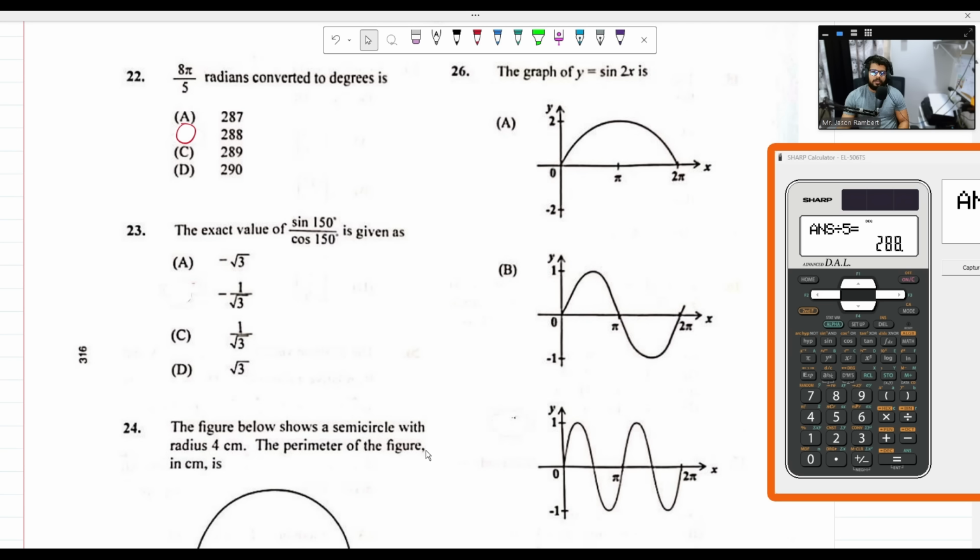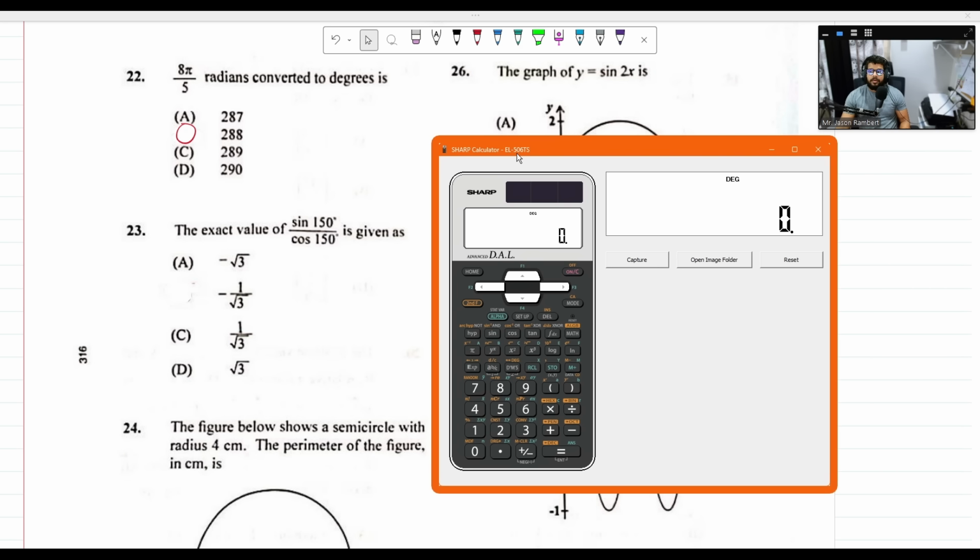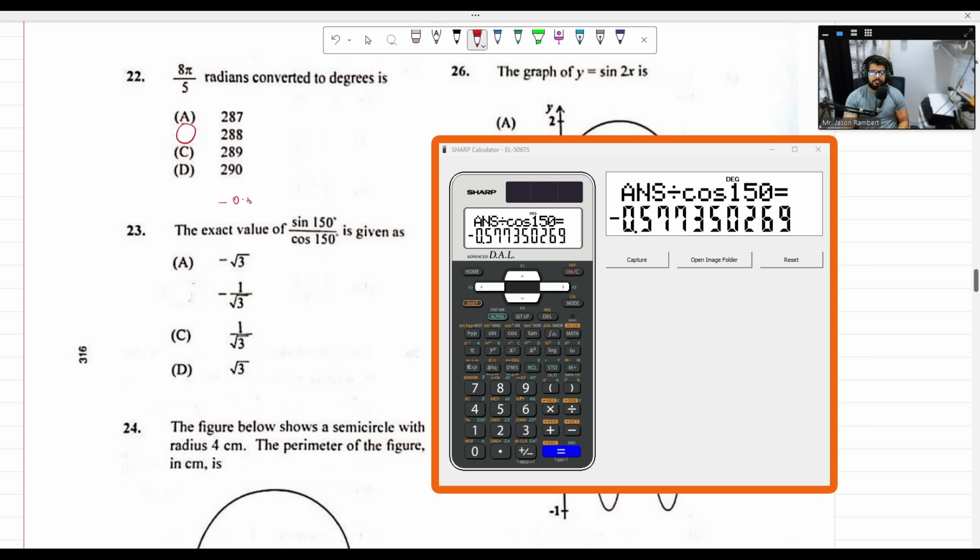The exact value of this, again, we have a numerical figure that we can calculate. Sine 150 divided by cosine 150 is negative 0.577350269.